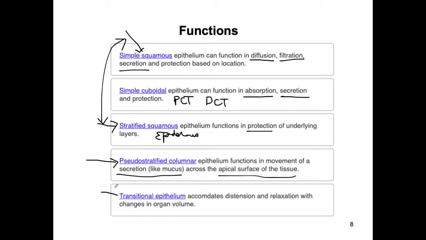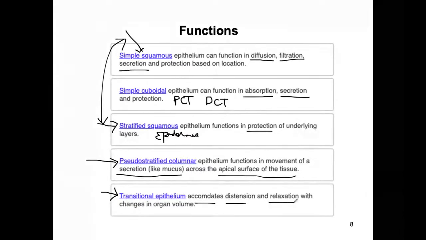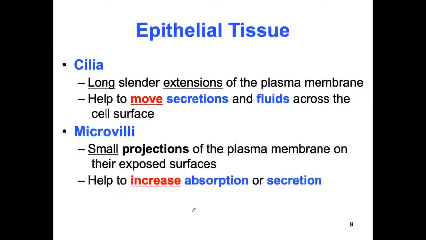Transitional, that's the one that's like the balloon based on the urinary bladder. It accommodates distension and relaxation with change in the organ volume. Just think of the urinary bladder, think of the balloon. We drew cilia before. Those are those long, slender extensions that can move secretions and fluids across a cell surface. They can beat rhythmically.